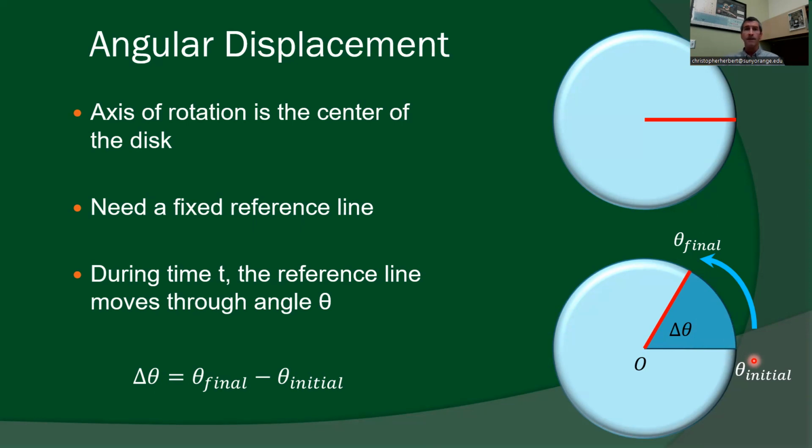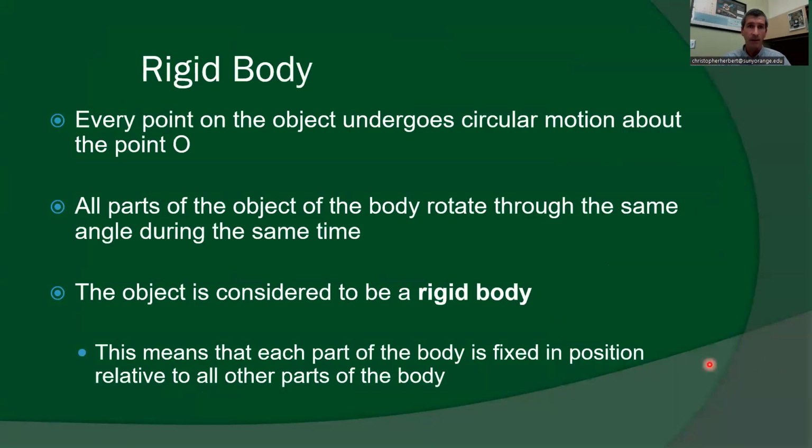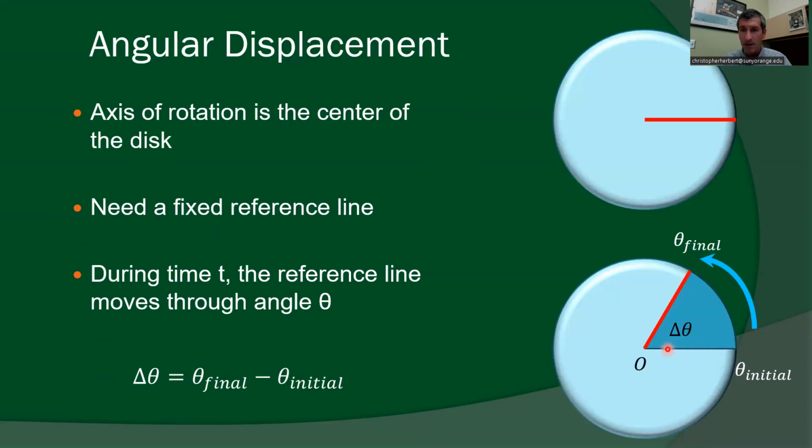Now, this disk isn't going anywhere. It's not translating any place. The center of rotation, O, is still at the center. But all the parts of the disk have moved around this point as the disk has rotated. And of course, the disk is completely rigid. So every point on the object undergoes circular motion about point O. If you're closer to the center, the point will have moved a smaller amount.